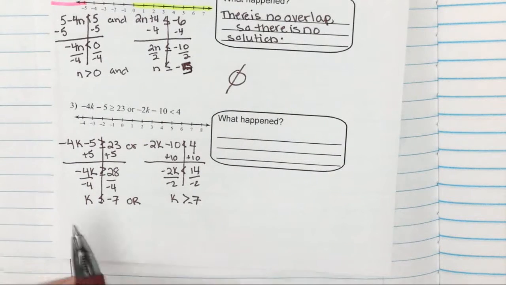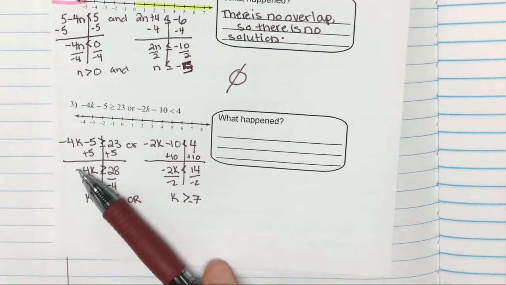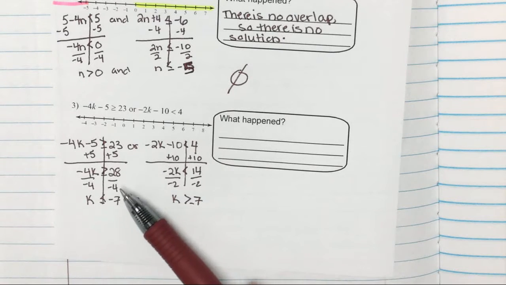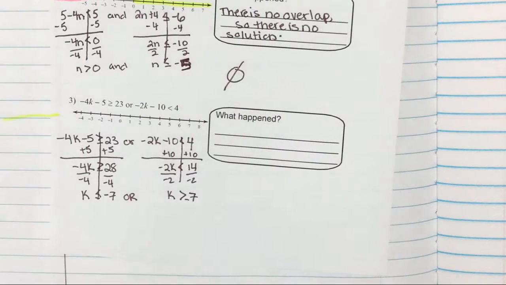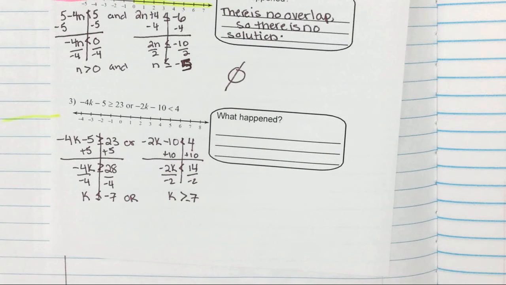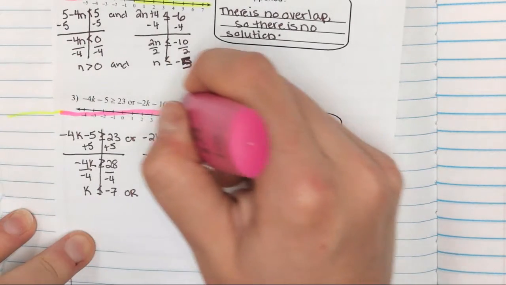All right, so if I'm looking for k is less than or equal to negative 7, negative 7 is over here, and that would be everything in that direction. If I'm looking for k is greater than negative 7, that's everything in this direction.